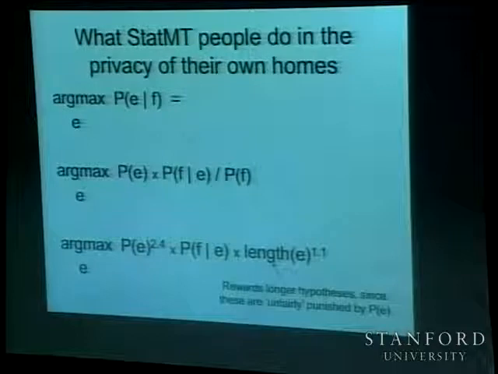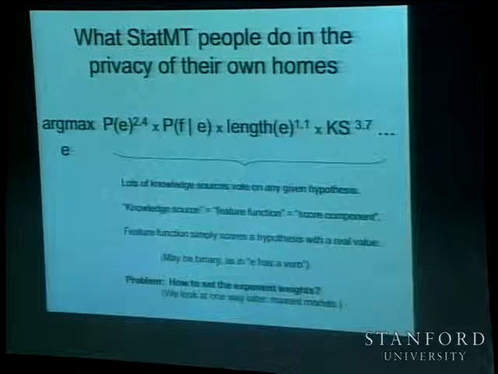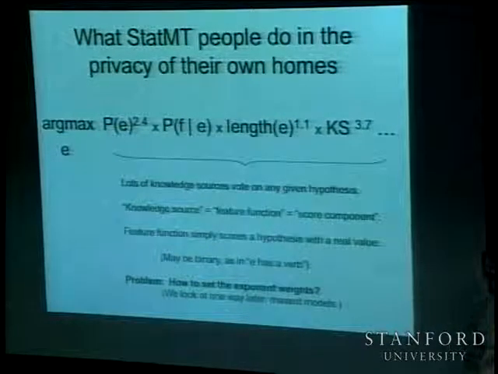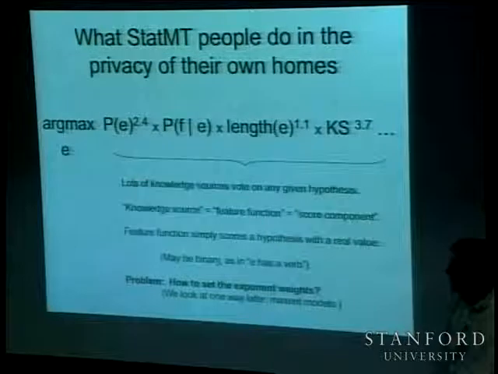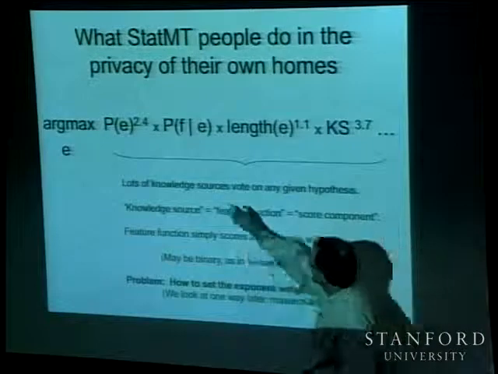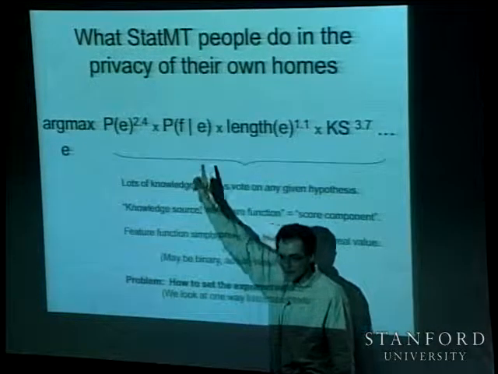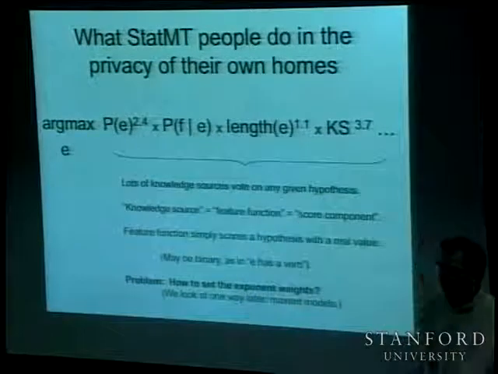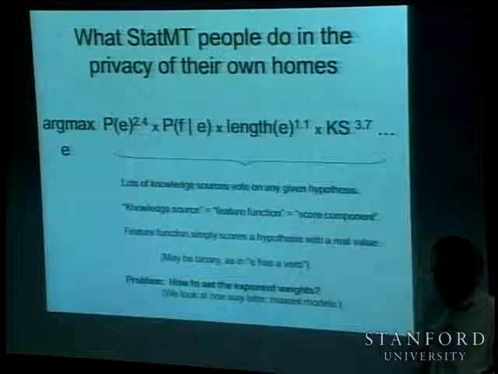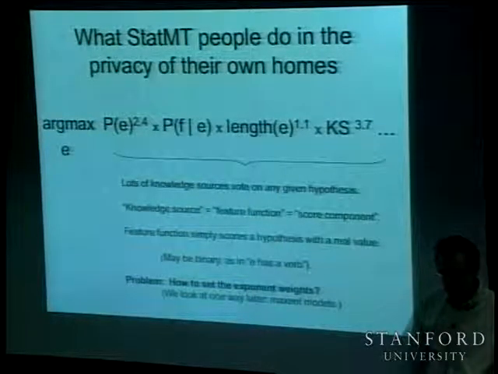Okay, so once you've started doing that, you start thinking, oh boy, probably there are all sorts of things I can tack on the end, and I'll be able to improve the quality of my translation model output. And that's exactly what people have done in recent machine translation work. So people still have language model scores, people still have alignment model scores, but what people have built is effectively feature-based models of machine translation quality, where you can think of anything else that's useful, like you can just have features.